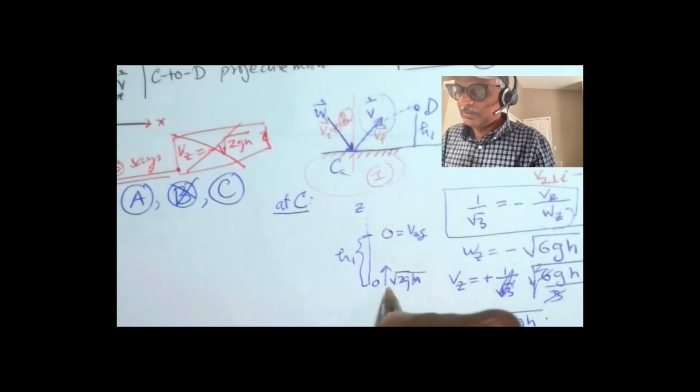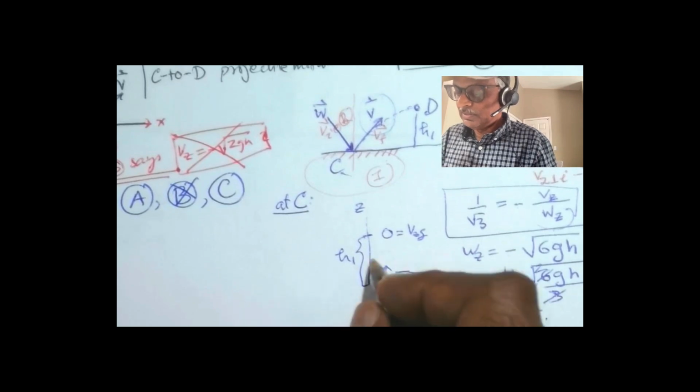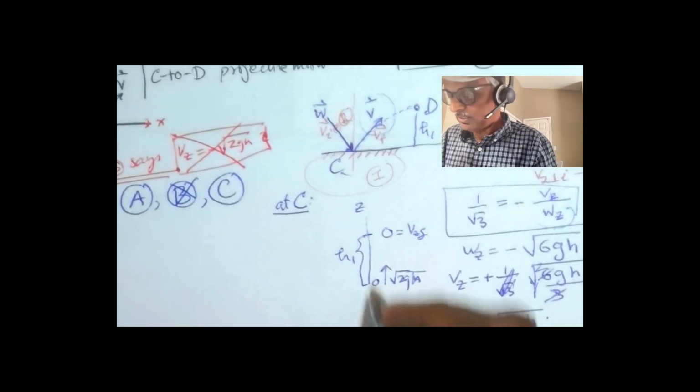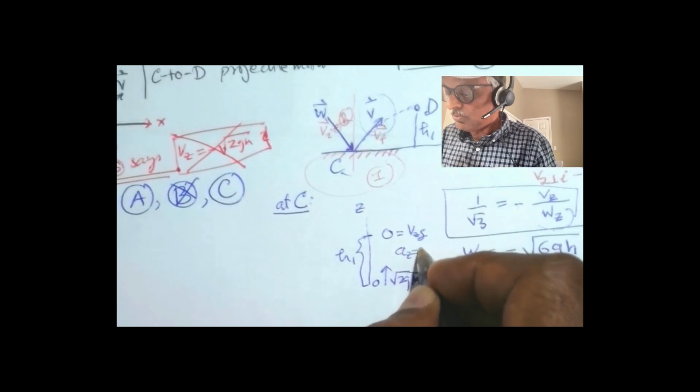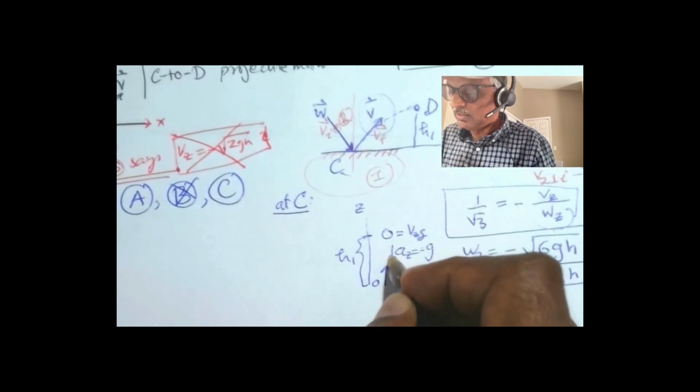You can just apply one-dimensional motion along this axis, and az equals minus g because it's pointed down.